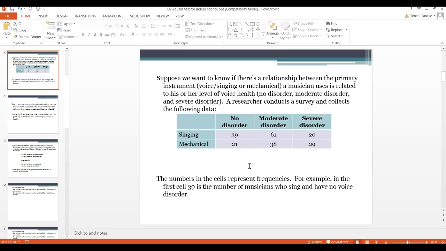We could do some calculations and it would tell us what values we would expect to get for these frequencies if these two variables are truly unrelated. The chi-square test compares the observed and the expected. If they're far apart, then that gives you a large value for chi-square and a small p-value.